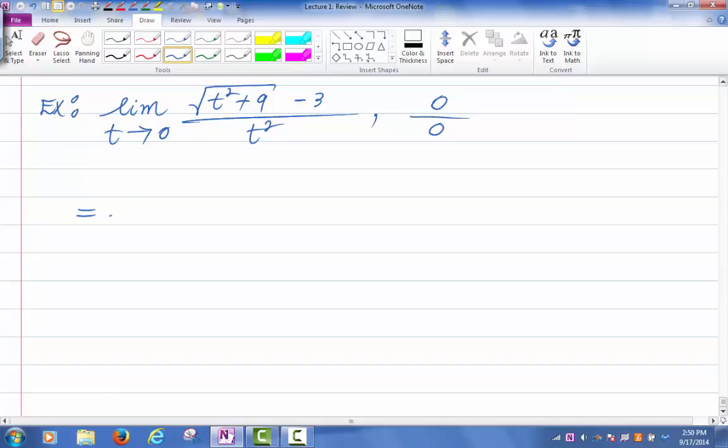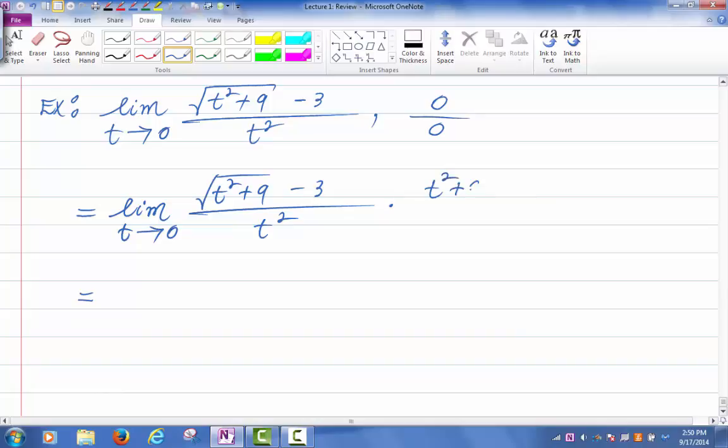So in this case, you are going to rationalize the numerator, root of t squared plus 9 minus 3, divided by t squared. What you're going to do is multiply and divide by the conjugate of the numerator. So what is that?